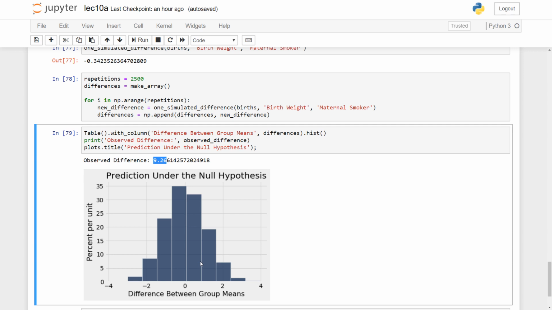It means that it is very unlikely to get this observed value from the population, right? Because we repeated that 2,500 times. We never got a value like 9.26 or even closer. So it is very clear that the data and the model are inconsistent.